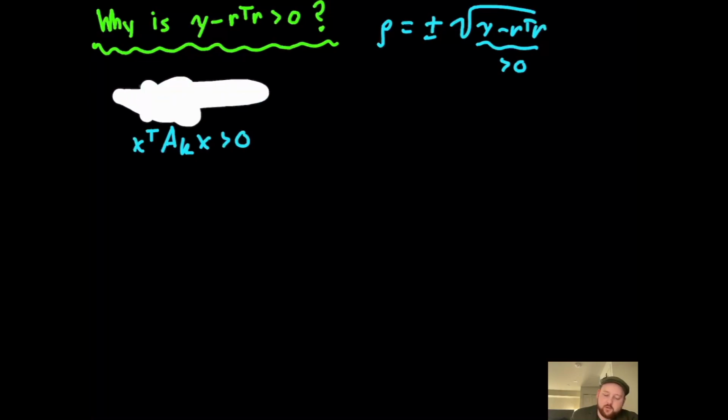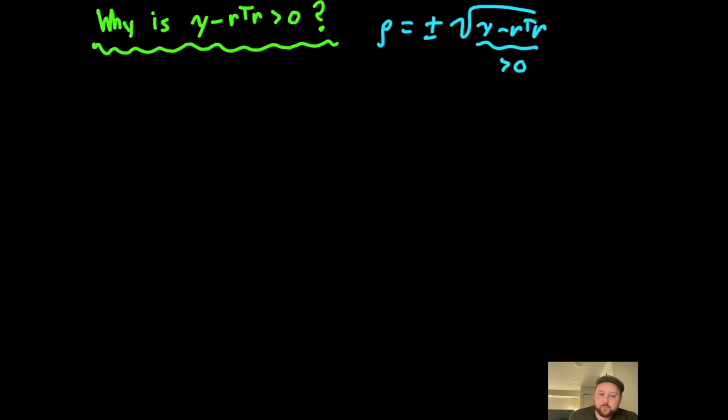I'm going to make a specific choice of x. I'm choosing this in advance because I know it will work out to give me the result I want, but otherwise it seems almost magical how I knew to pick this.